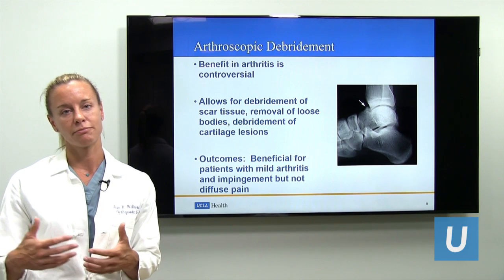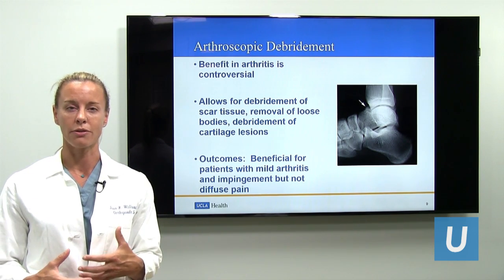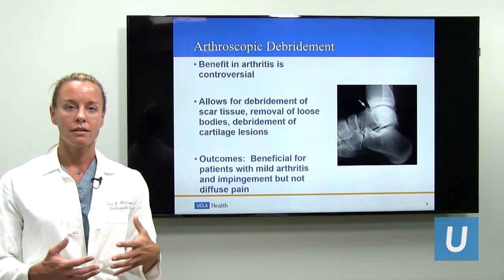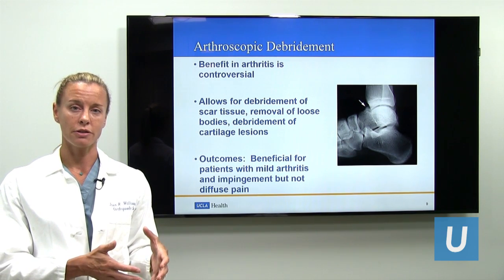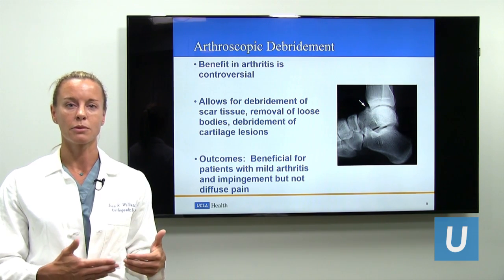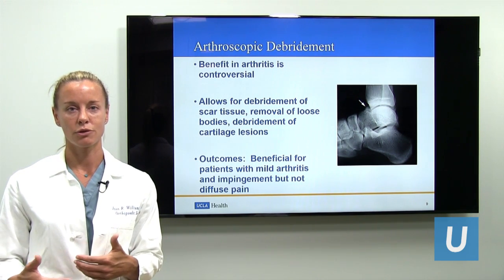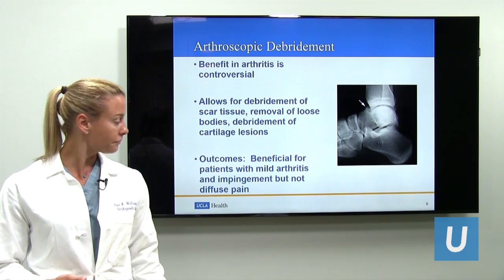If you are pretty far advanced in terms of your arthritis and have really diffuse pain all around the ankle, it's a little bit less helpful. And again, the outcomes with this are temporary. It slows the progression of the arthritis and may limit some of your symptoms for a time period, but you still may require further treatments down the line if your arthritis progresses and gets worse.